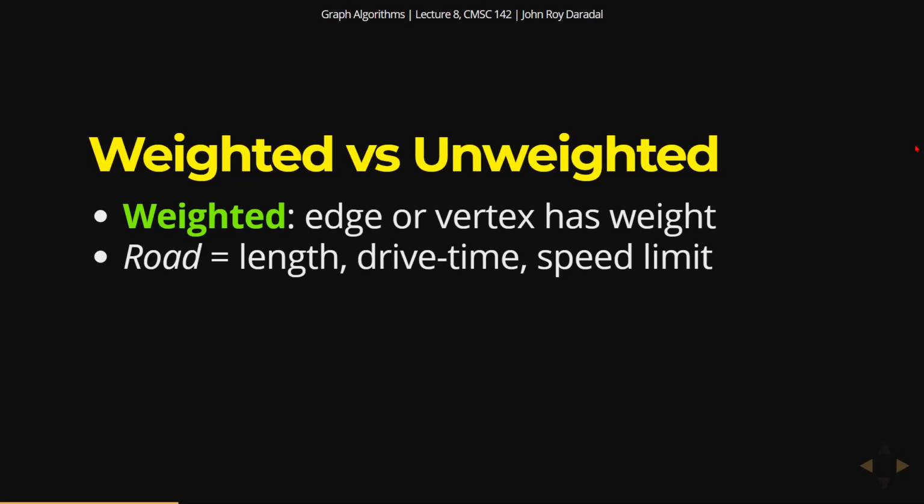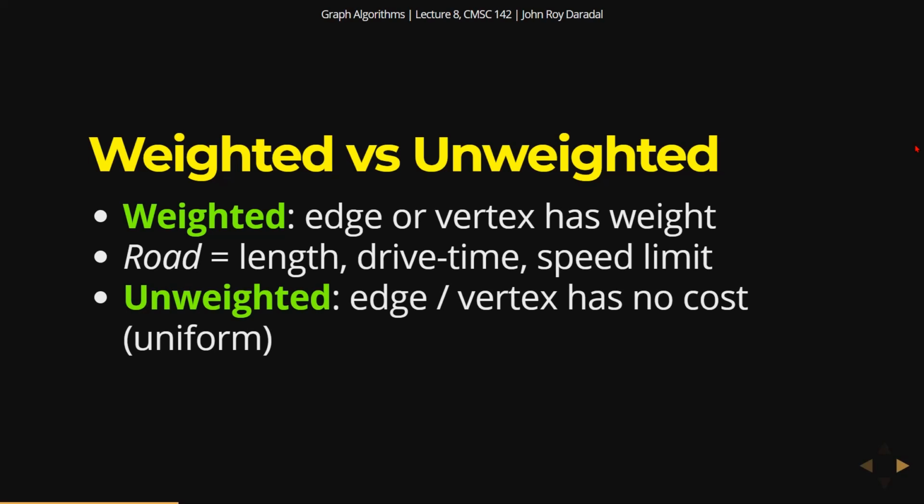The weight could be either the length of the road, or the estimated driving time, or the speed limit, right? So you could model however you want, depending on the application, but the weight itself depends on what you use it for. It's just a number that's associated with the edge or the vertex.